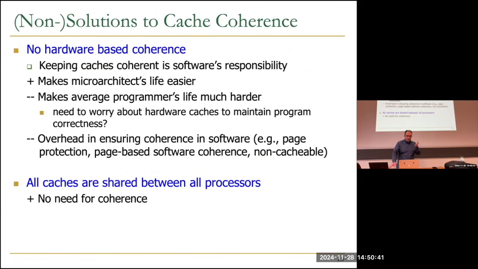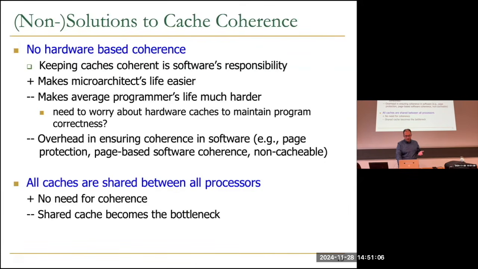Okay, and another non-solution can be that all caches are shared between all processors. Now we know that the reason we have cache coherence is that we have local copies of cache, like we have local L1. And so now these copies might not be seen by other processors. But if you assume that all caches are shared, then yes, everyone is observing everything.